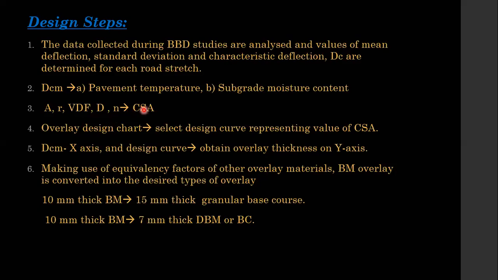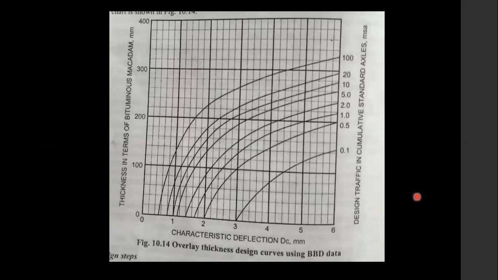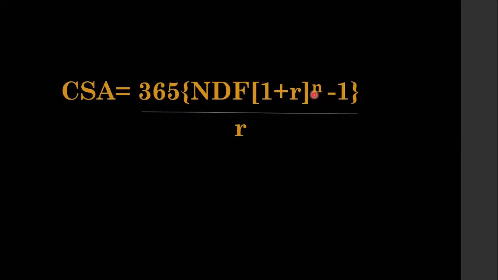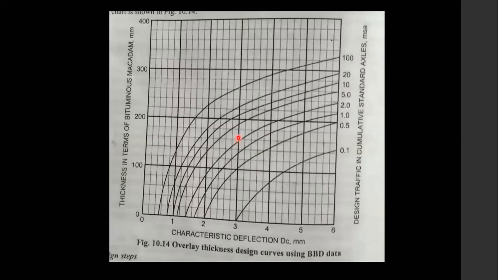You have to calculate CSA by this formula, which you used in the previous class: CSA is equal to 365 times N times D times F, times (1 plus R to the power of n minus 1), divided by R. After that, you will know the DC value and the CSA value. Just like yesterday's, take the y-axis. This y-axis will represent the thickness of the bituminous macadam.